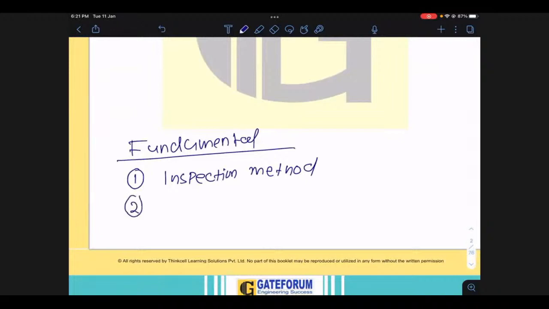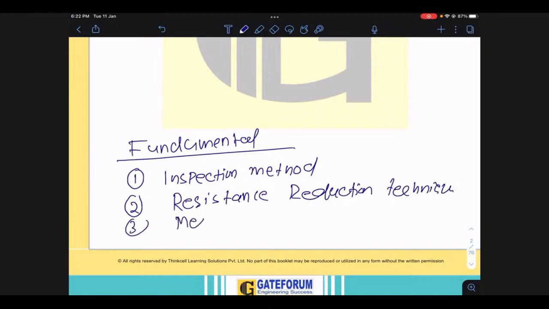The second category is based on resistance reduction technique. The third one is based on mesh or nodal analysis. Among mesh and nodal, most of the time the questions are inclined towards nodal.